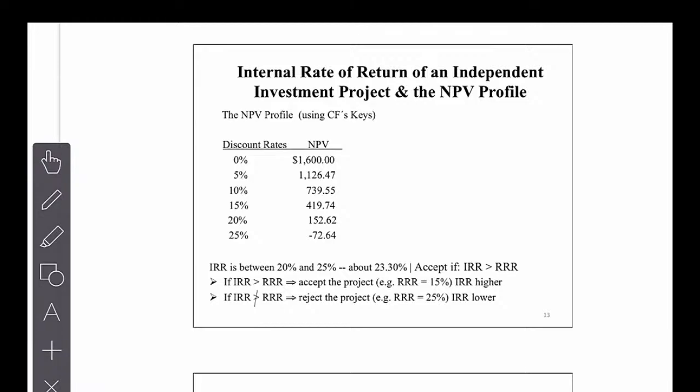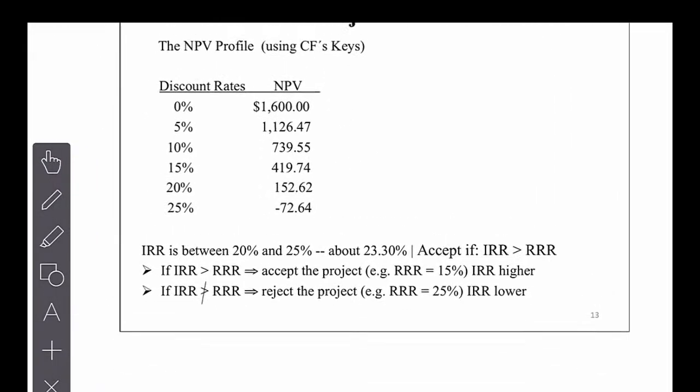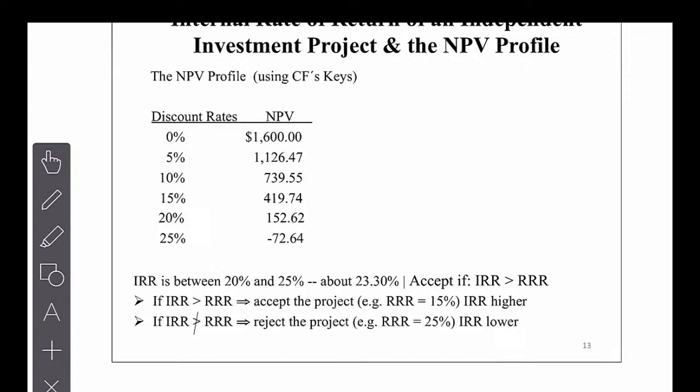These are the same cash flows. I've used the same cash flows here, with a discount rate of 0, and calculated the NPV. Same cash flows, but put 5% as the interest rate or discount rate to get this NPV. And so on. So you should be able to generate this table.